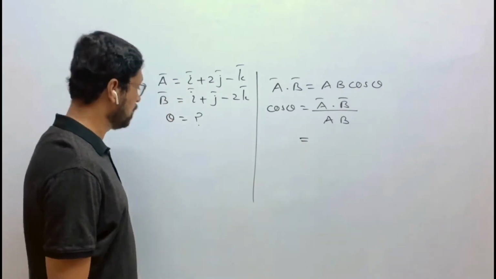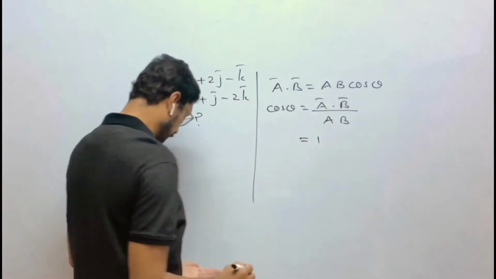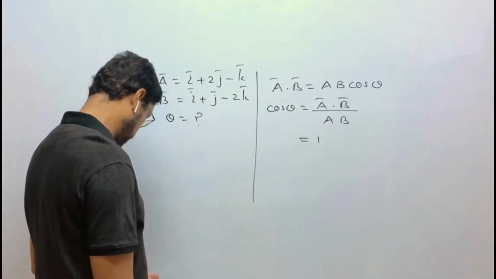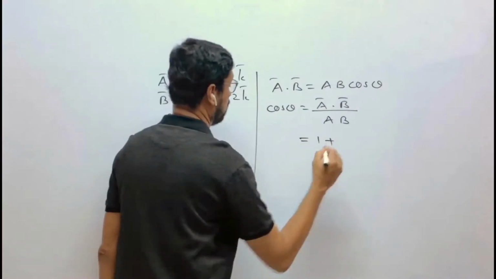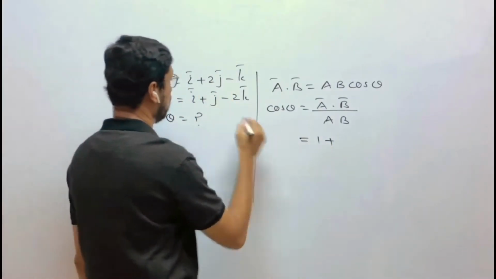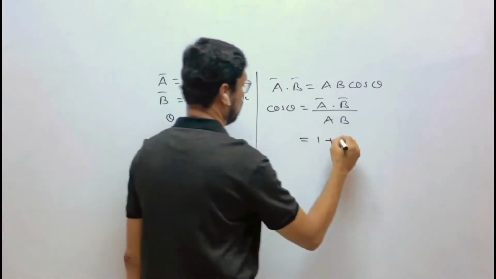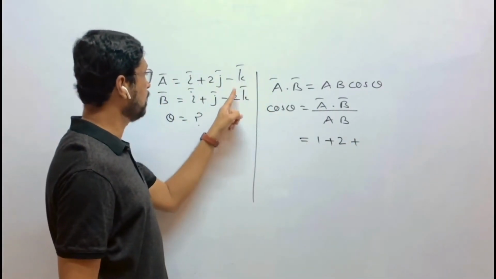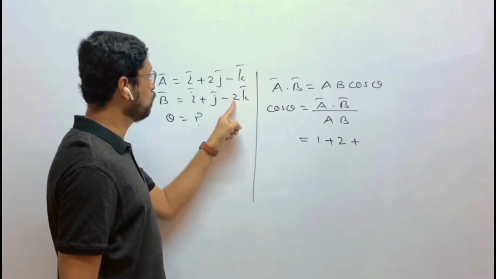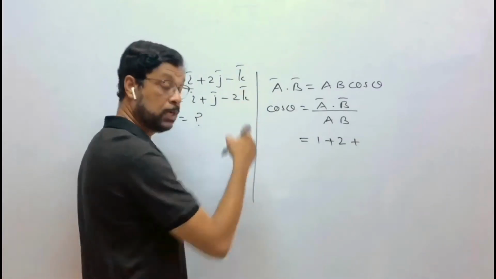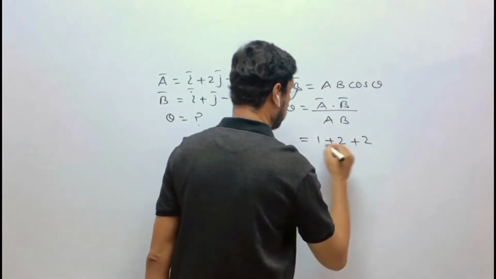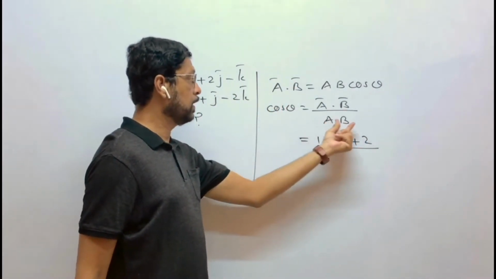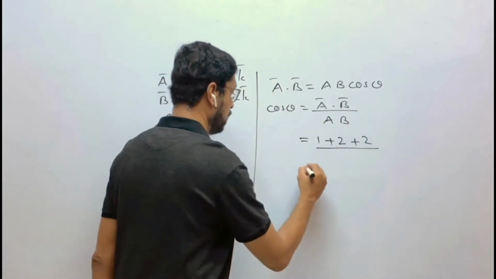AX BX, 1 into 1, that is 1, plus AY BY, 2 into 1, that is 2, plus AZ BZ, minus 1 into minus 2. Minus 1 into minus 2 is plus 2, upon magnitude of A into magnitude of B.